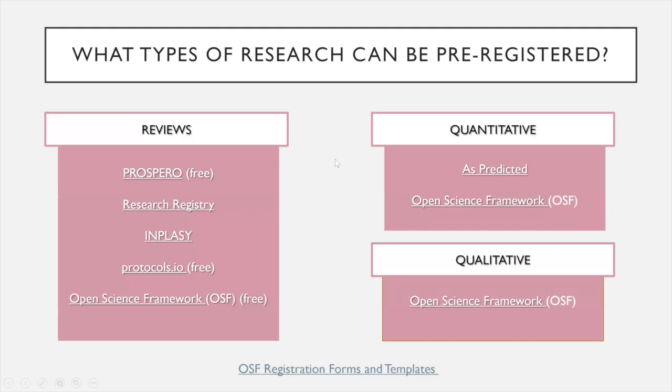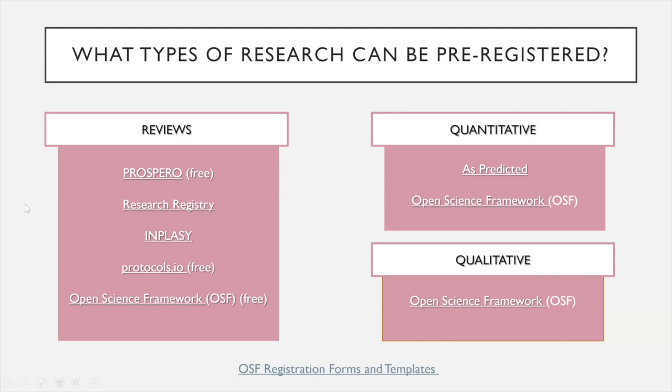Even though we have more options, or at least as we find, me and Terhi, there are more options for reviews, there are also options for quantitative research and also for qualitative research.